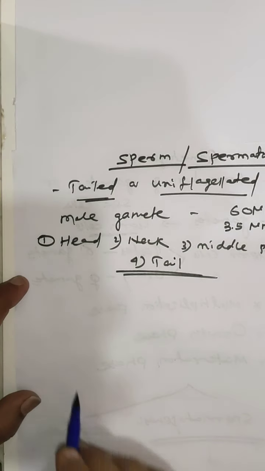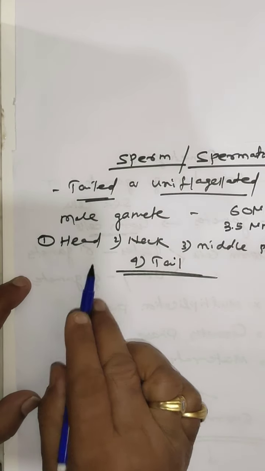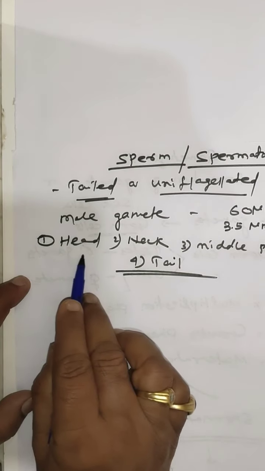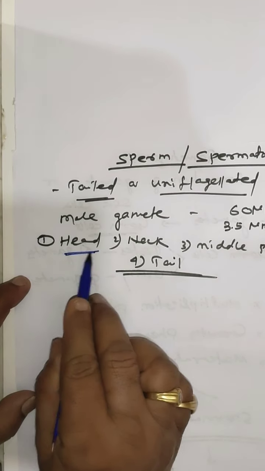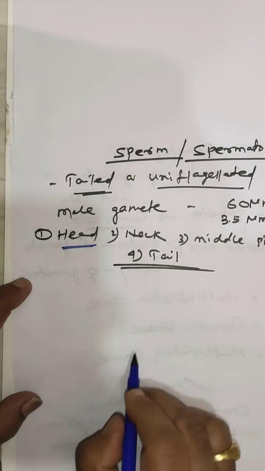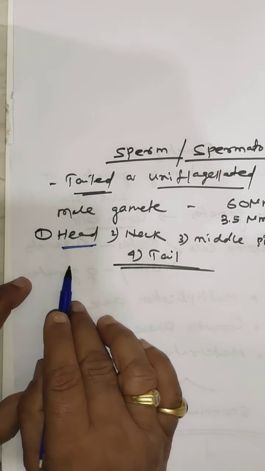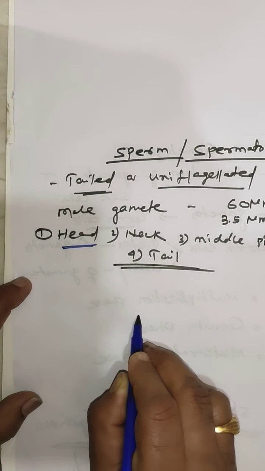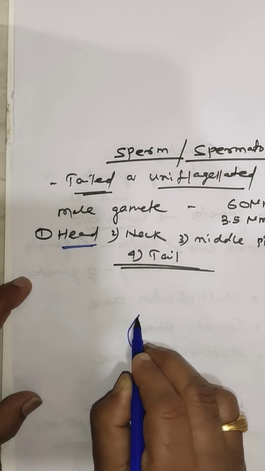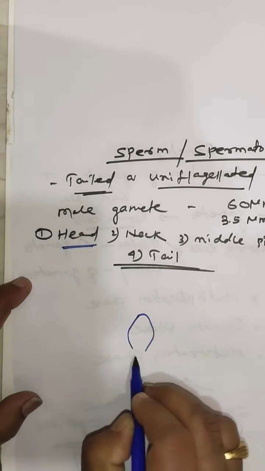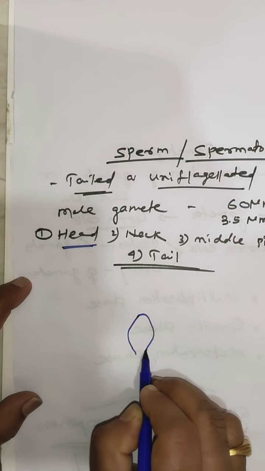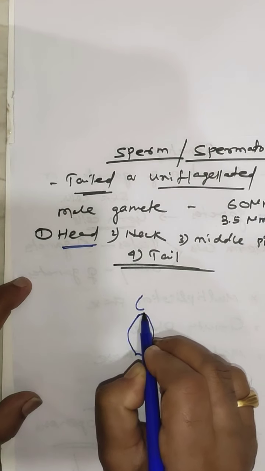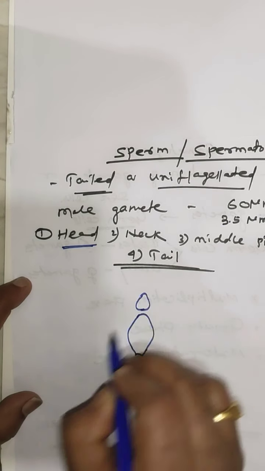The head is the anterior broad and flattened part of the sperm. It consists of two parts, that is nucleus and acrosome.